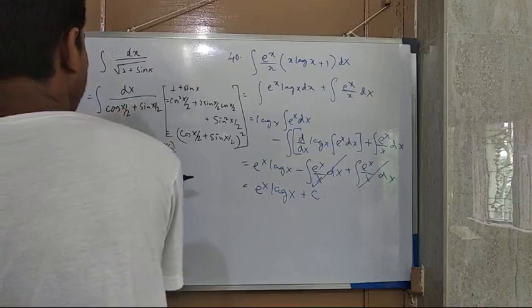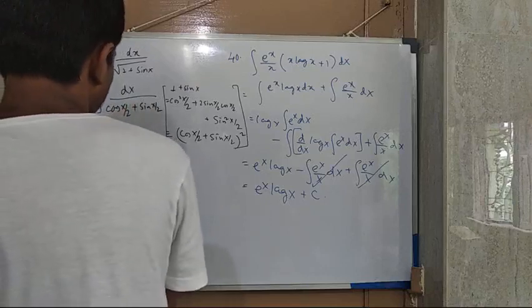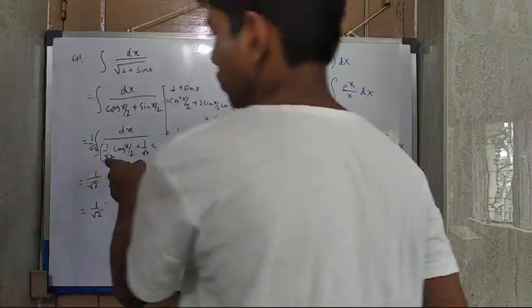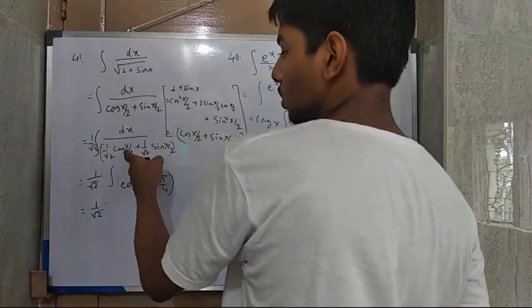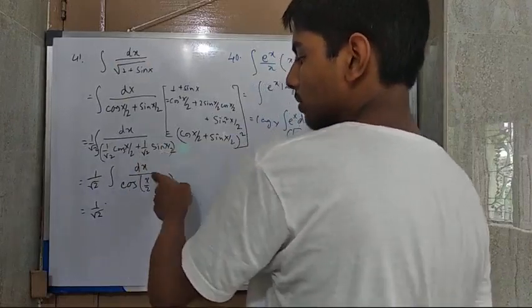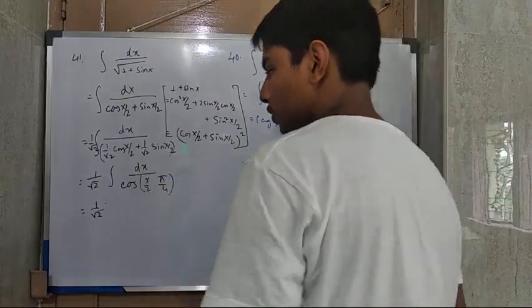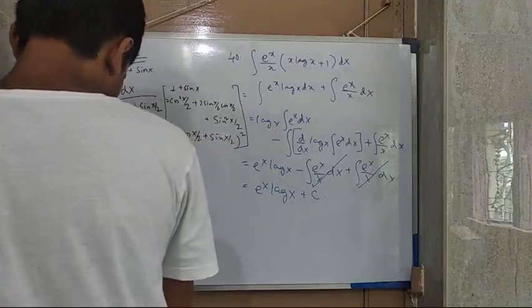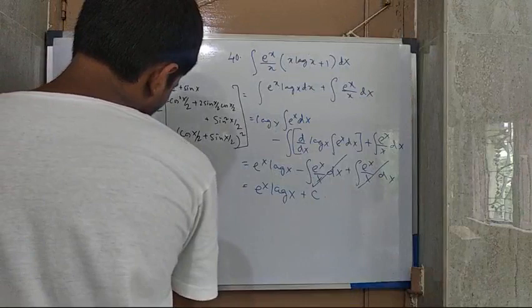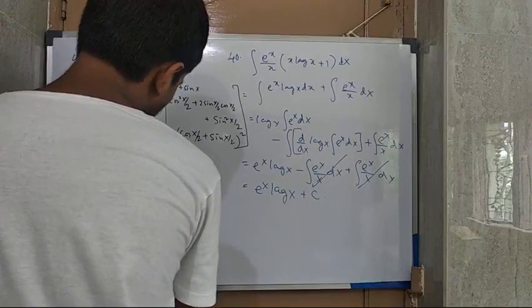Let's take cos now. So if I take cos here, this is actually cos pi by 4 times cos x by 2 plus sin pi by 4 times sin x by 2. So this will become cos x by 2 minus pi by 4. Okay, so integral of sec x by 2 minus pi by 4 dx.